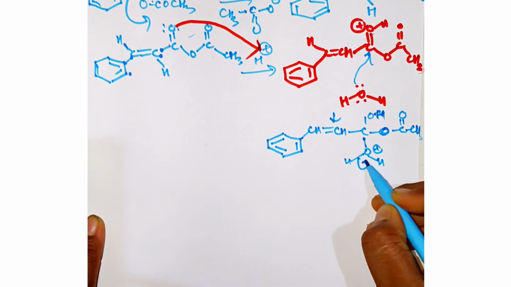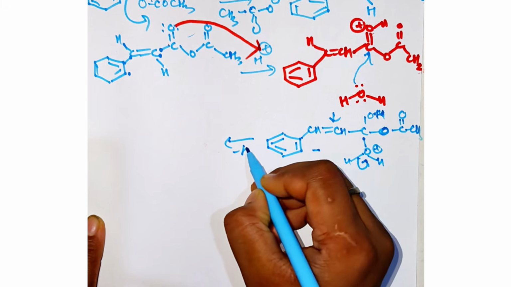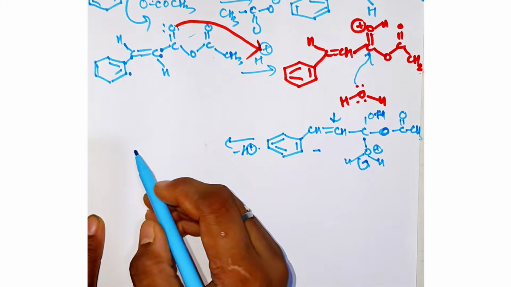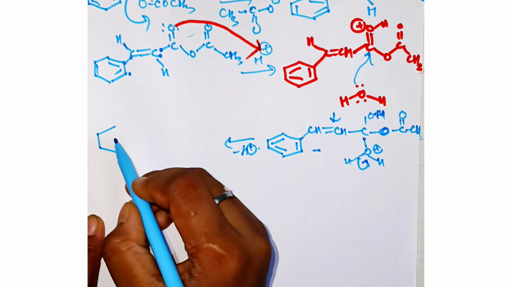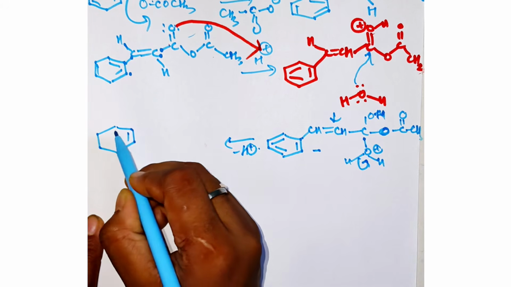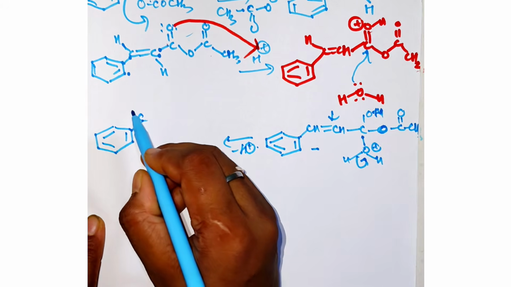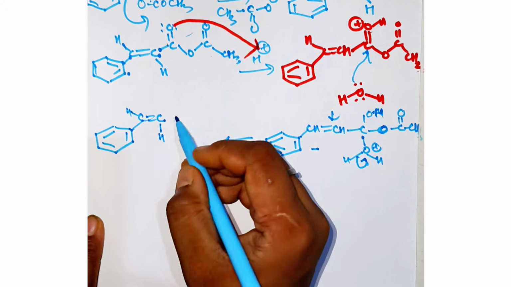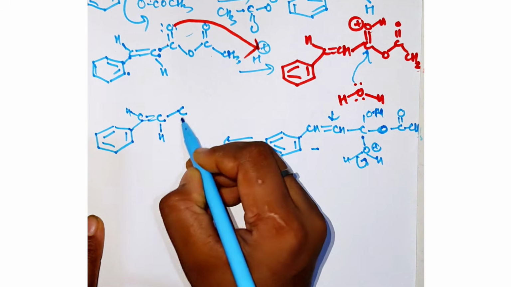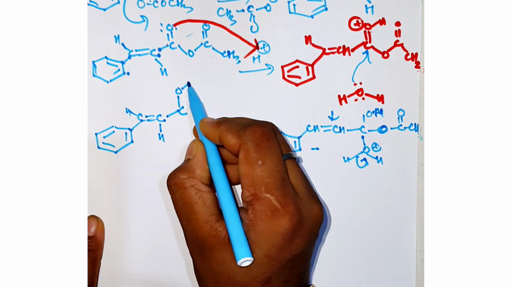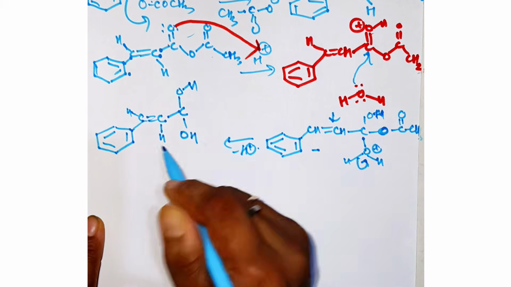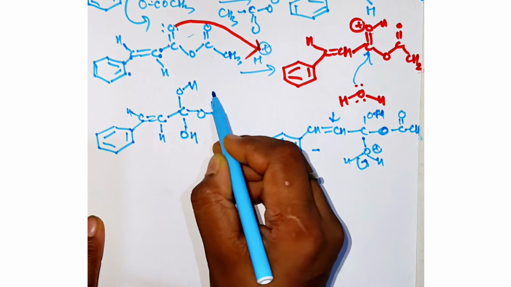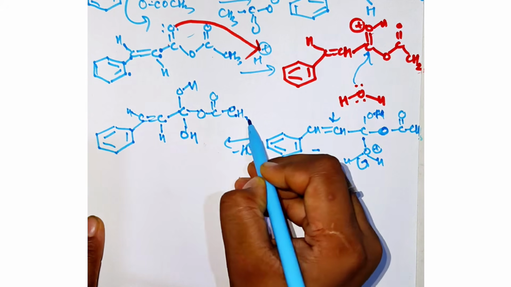Now there is again minus H plus. So there is a formation of this molecule, COH and OH, and then O C double bond O CH3.